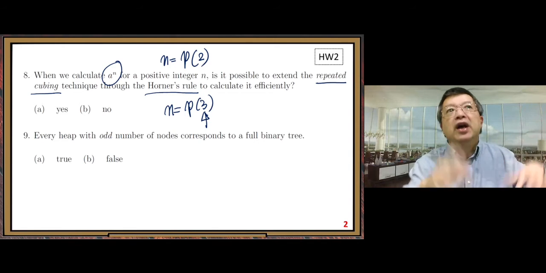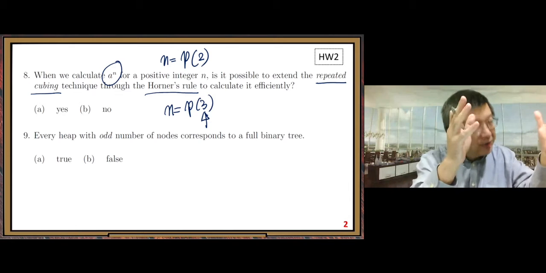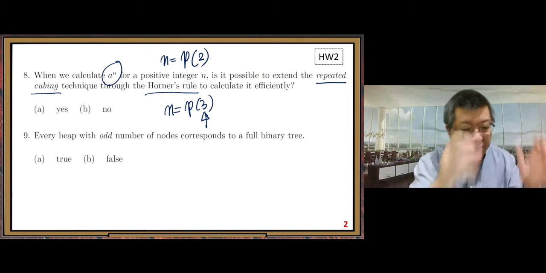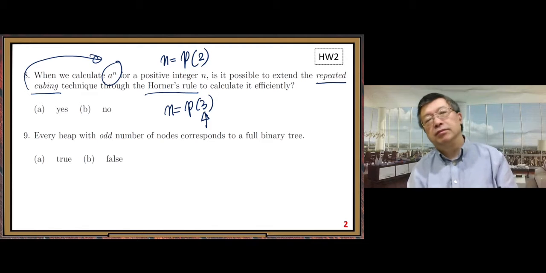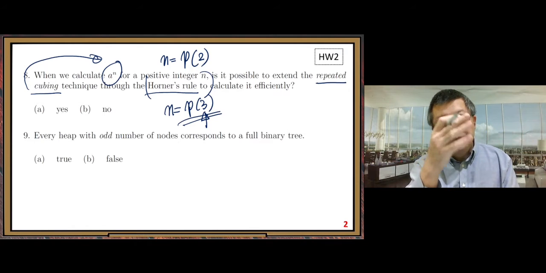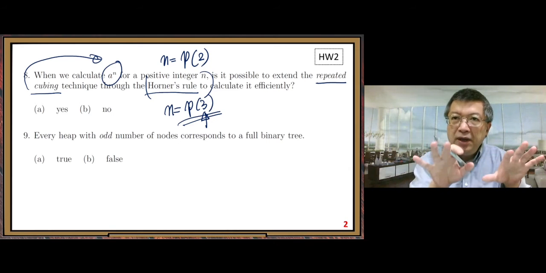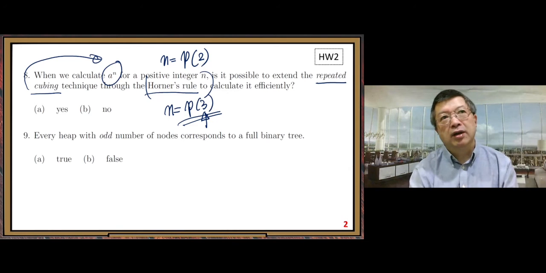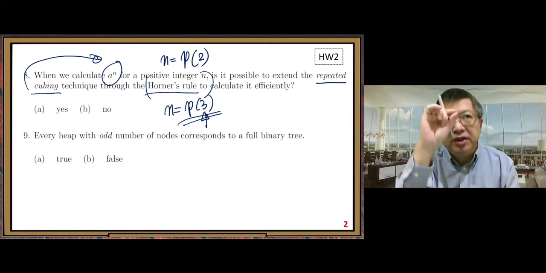So the question is, can we apply the similar method to get another way to evaluate a to the nth based on the repeated cubing? The method, the Horner's rule, still the fundamental idea is repeated cubing. Then we add some small, necessary adjustment.